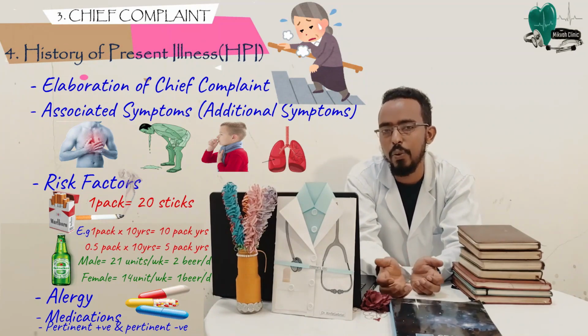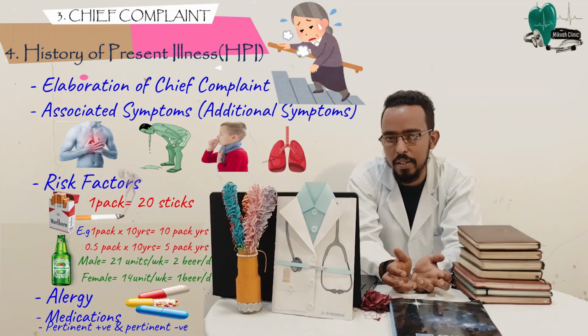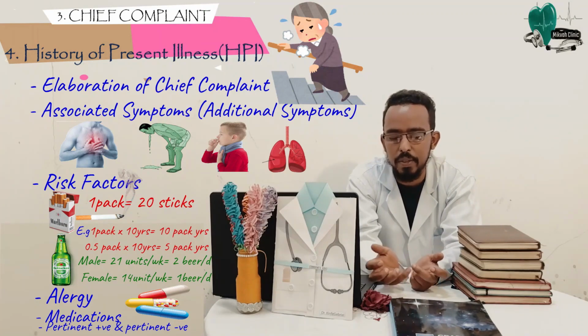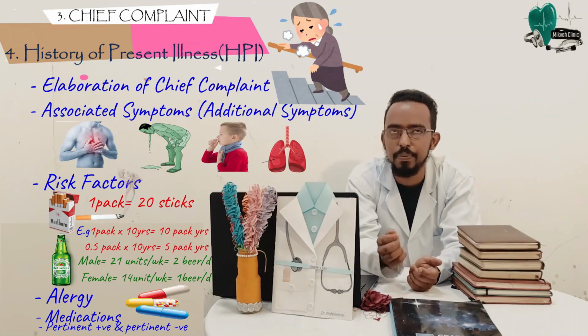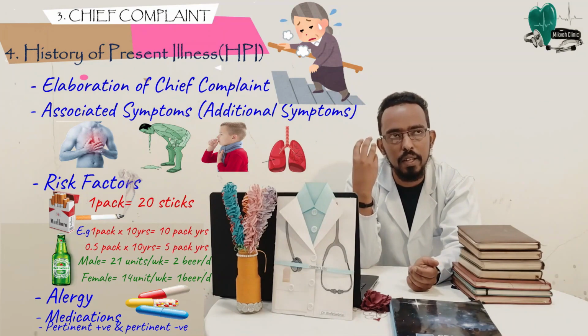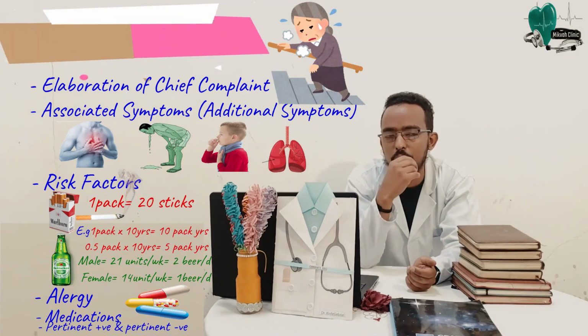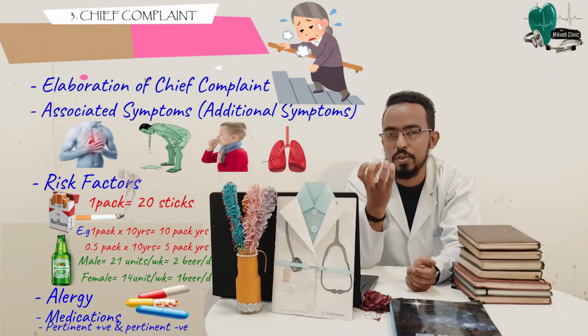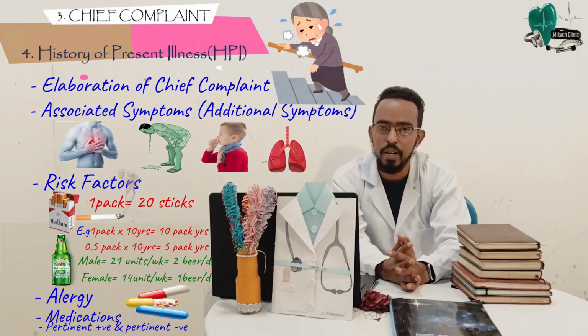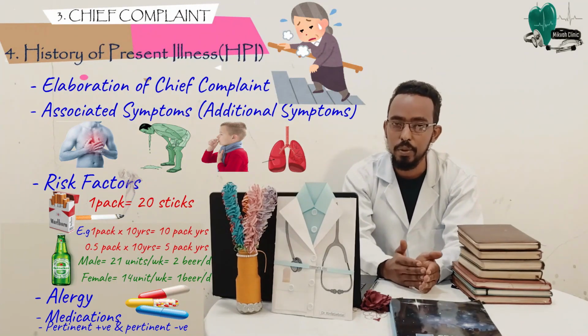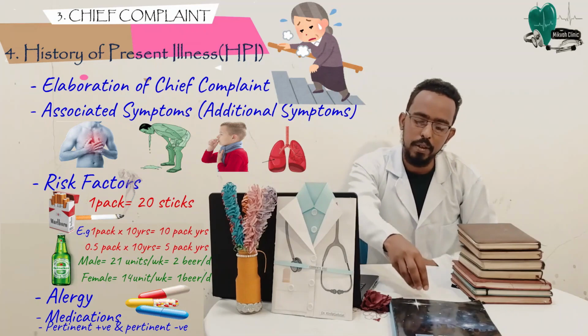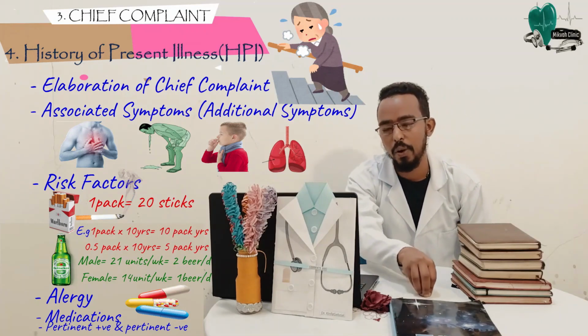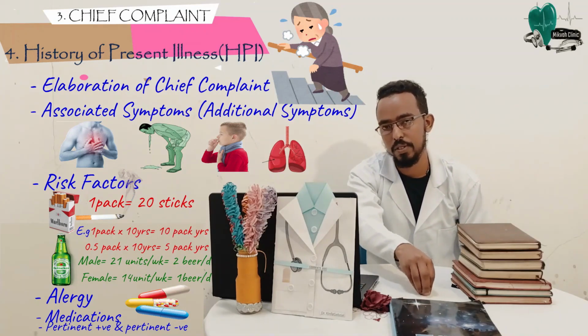And he said, no, I have no pain, I have no palpitation, I have no orthopnea and the like. So I will understand that the likelihood that the cause of that shortness of breath is heart failure is low. So this is what we call pertinent negative. So each and every piece of information that we ask is pertinent.